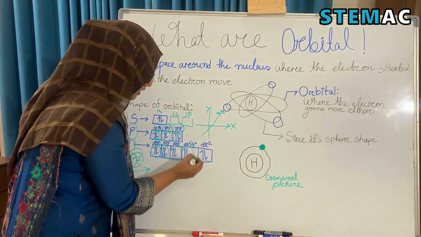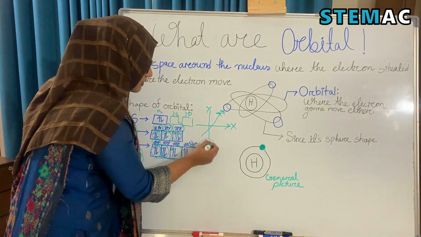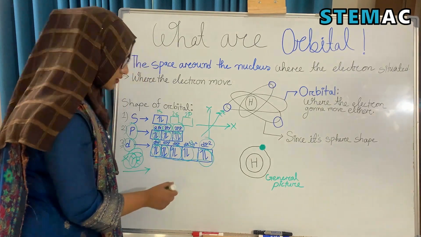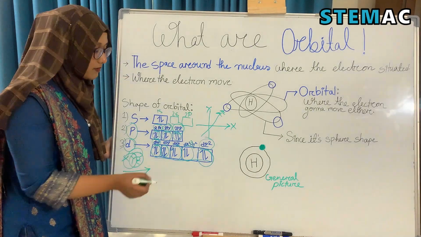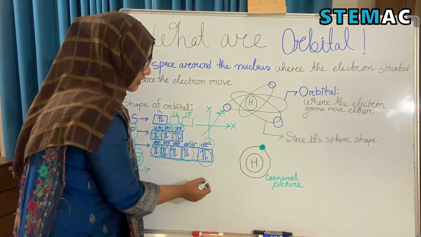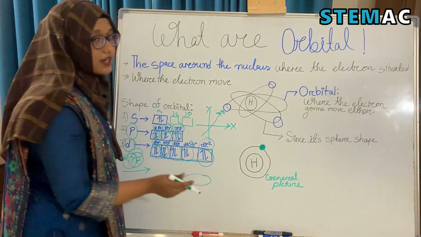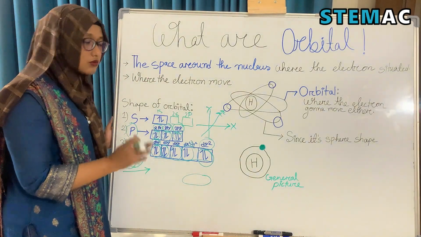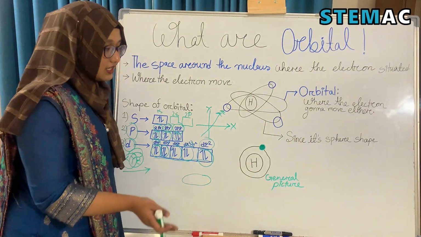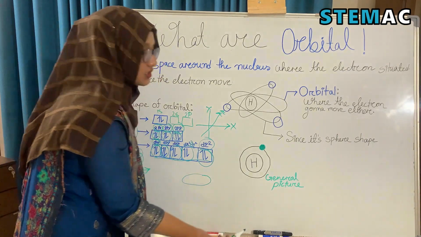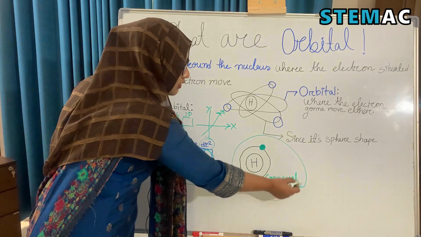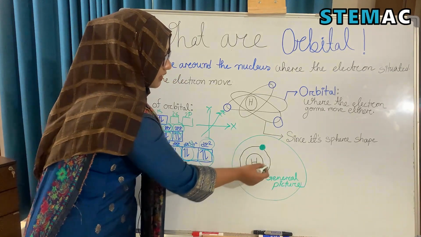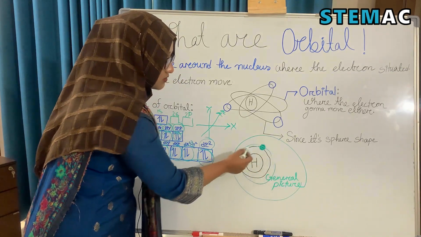It also has two electrons, and then there's dz², which also has two electrons, and dz² doesn't contain x and y, or even x² minus y². So it's going to have a change of shape, with some donut-like form, which we'll also see later. Originally, in the Bohr atomic model, electrons just moved in a circular line.